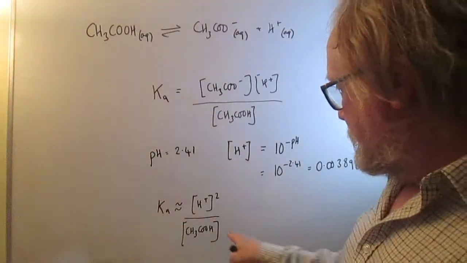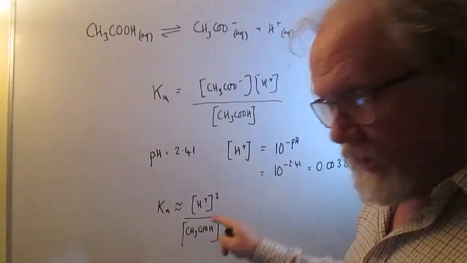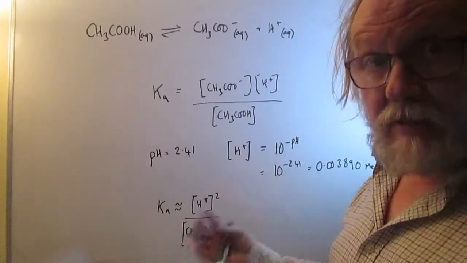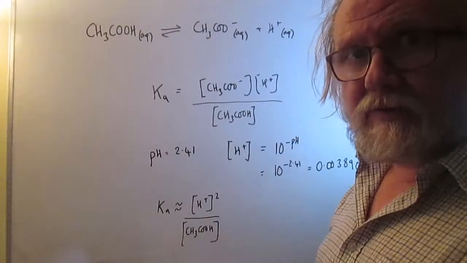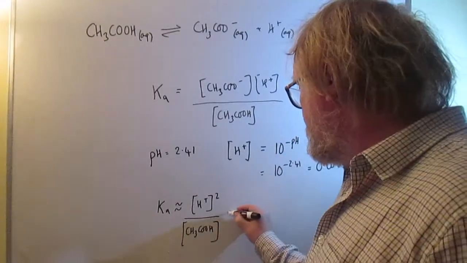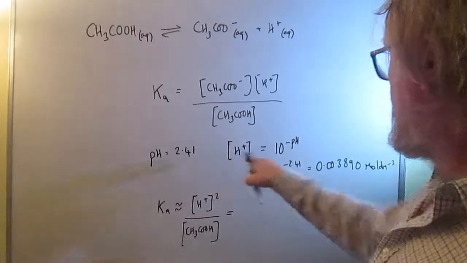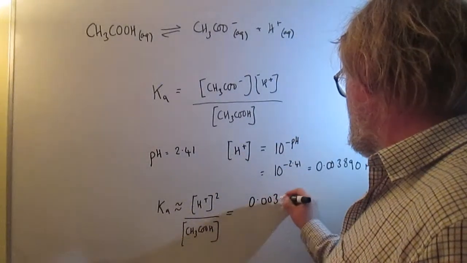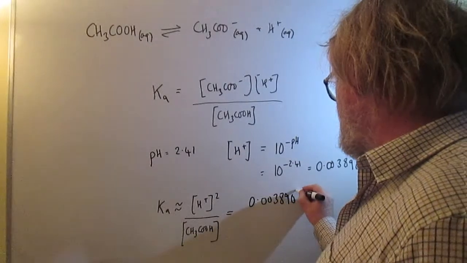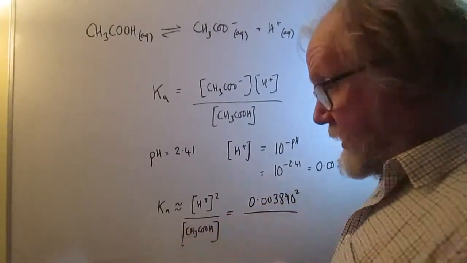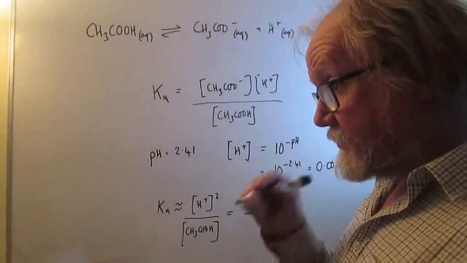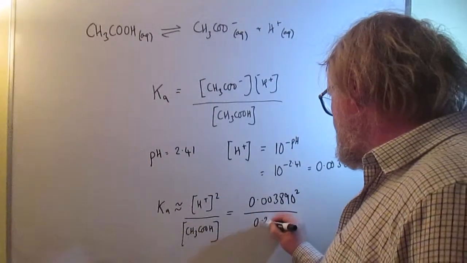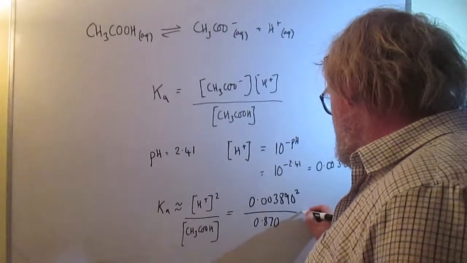If we make another approximation, which is that the unionised acid concentration is more or less the same as the total acid concentration because such a small amount is ionised, then we have all the numbers we need. We've worked out H+ is 0.00389, so that's got to be squared, and the bottom line is just the overall acid concentration, which it tells us in the question is 0.870 moles per dm cubed.